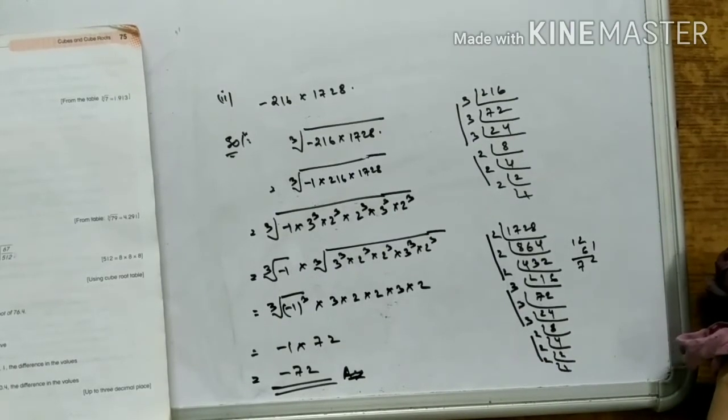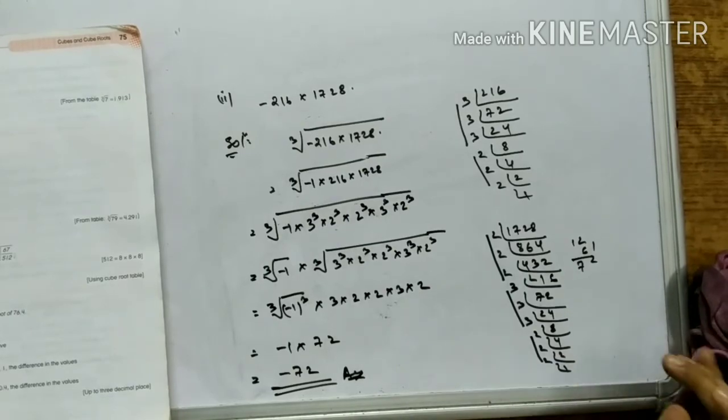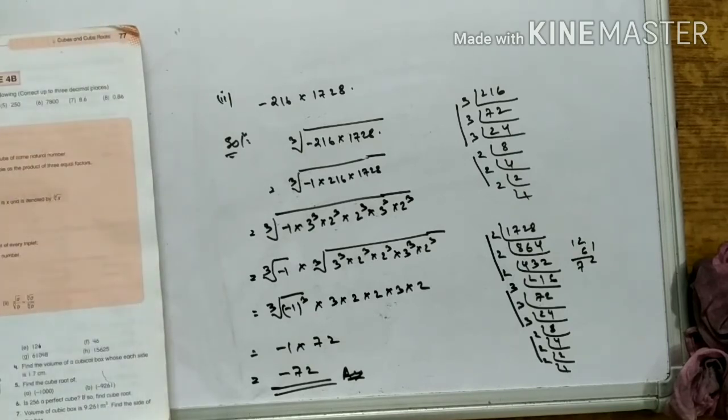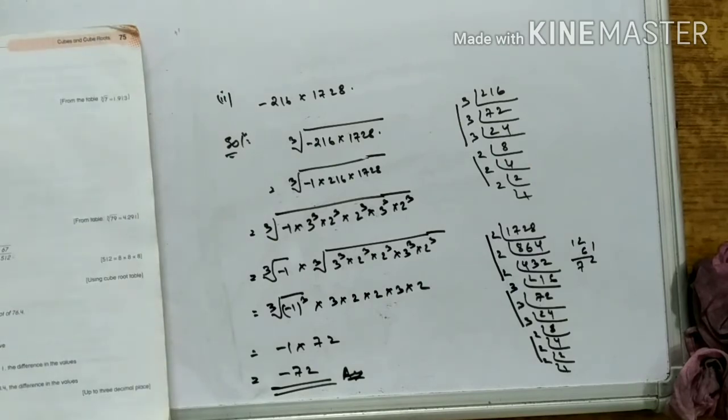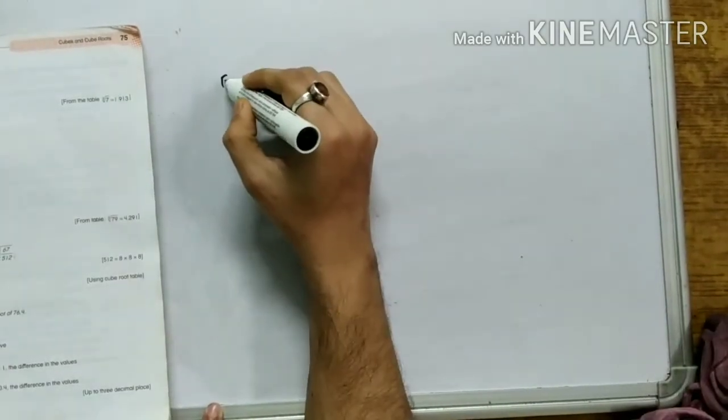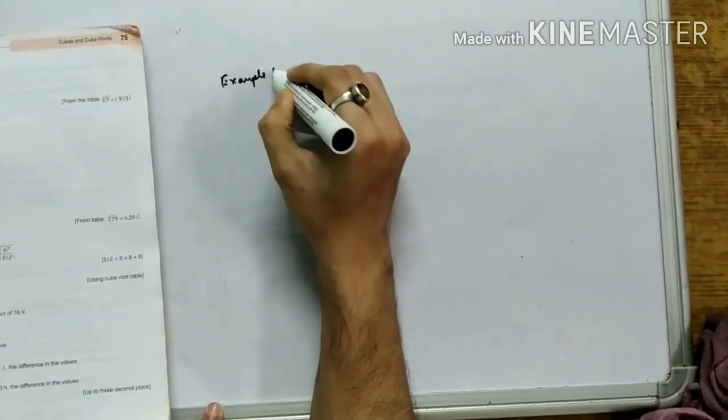If you, after watching this video, you can send me exercise 15 and 16 on WhatsApp. Those who have my WhatsApp number, you can send exercise 15 and 16 to me, and exercise 4a also you can send it to me. That page is missing here. So next I will go to example 17.